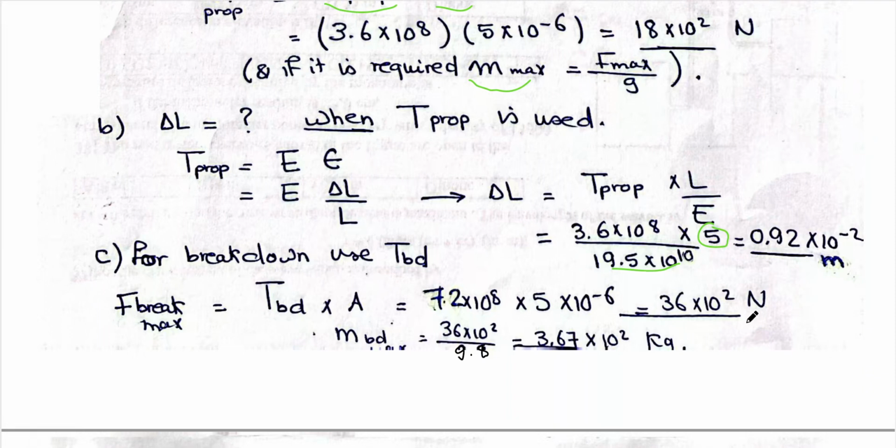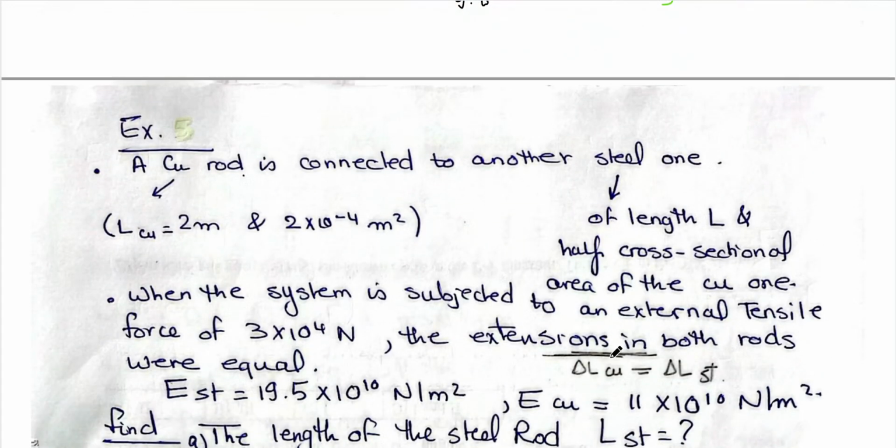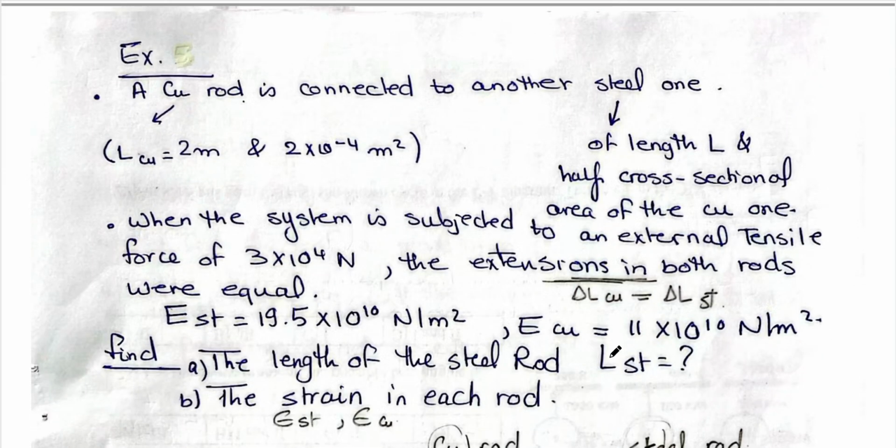To get the mass, divide this force by g, and you will get the mass in kilograms. This was example 1 that we did in the lecture according to chapter 2 of elasticity.